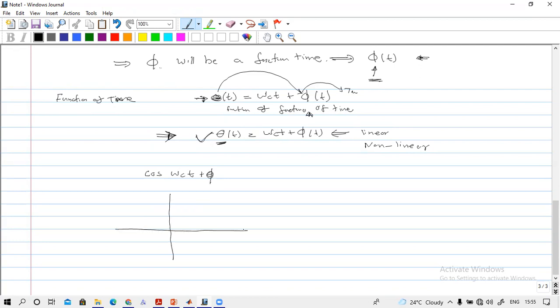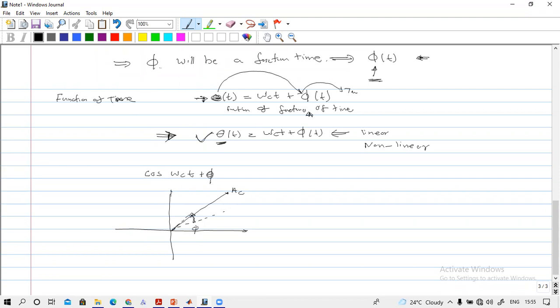We have an initial phi value, which is a constant, and then after time t, we have another angle.